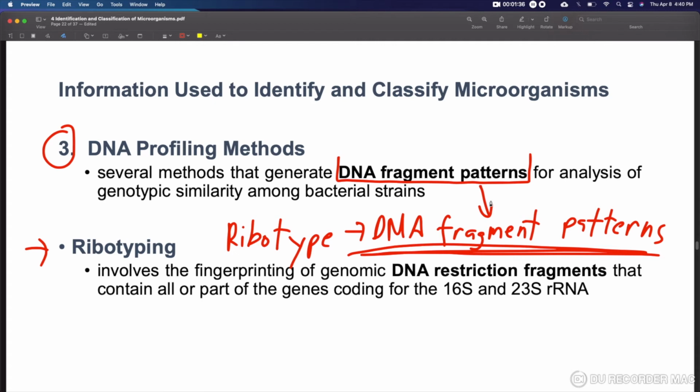So how do we do ribotyping? The first is we need to extract the DNA. And in that DNA, we're going to cut it into smaller pieces using what we call restriction enzymes.